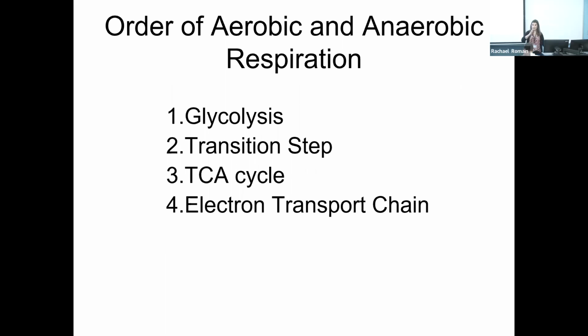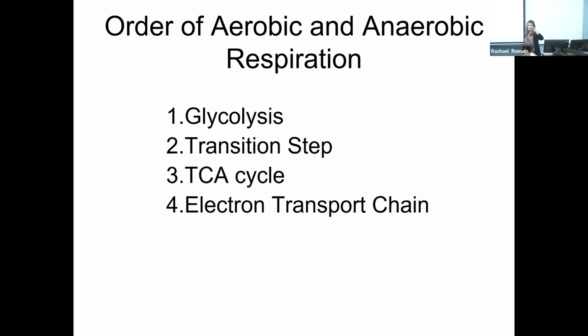Remember, oxidized and reduced. What do those forms mean, right? Reduced means we're gaining electrons. Oxidized means we're losing electrons, okay? So when we say oxidation, we're losing electrons because we're breaking the molecule apart. So the first part of this process of both aerobic and anaerobic respiration is going to be glycolysis. It starts the breakdown of the glucose molecule.